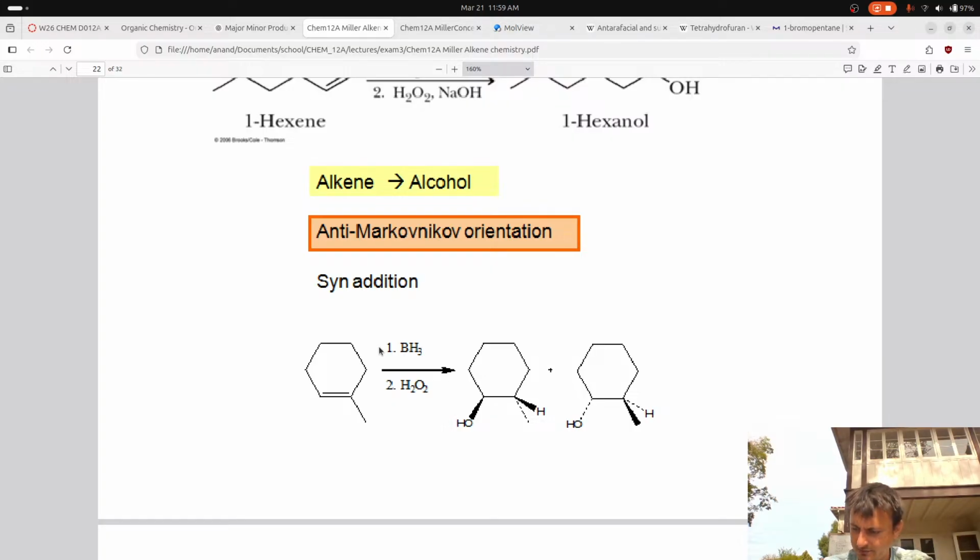Okay, so let's do this. We don't really have a picture of the reaction mechanism.